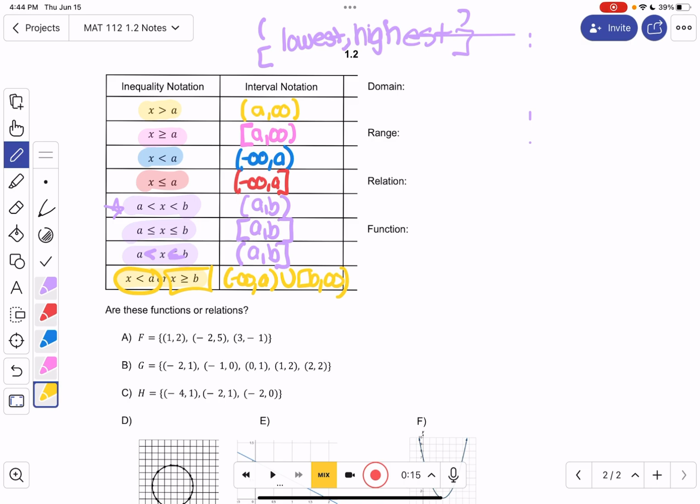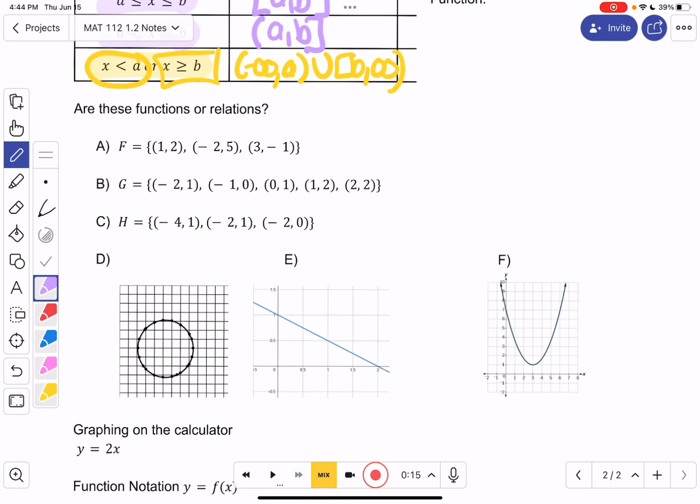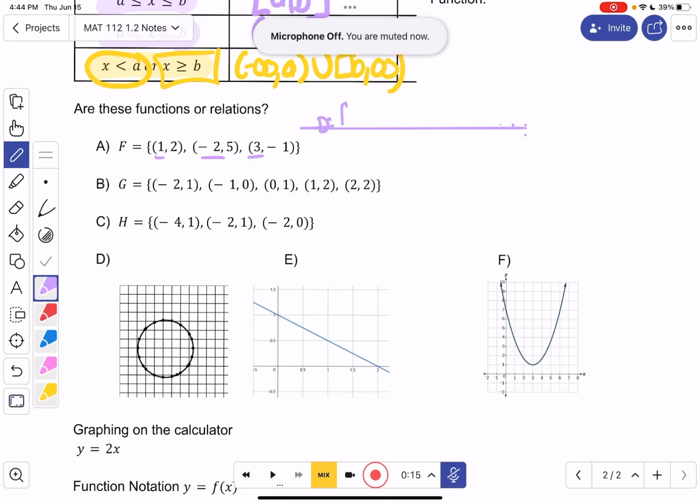All right, let's talk about domain and range. Domain is all x values that have to do with whatever you're talking about. So if I'm looking at a down here, the domain, I'm just going to list the x values. So it's 1, -2, and 3. And when you're just listing points, you use brackets.